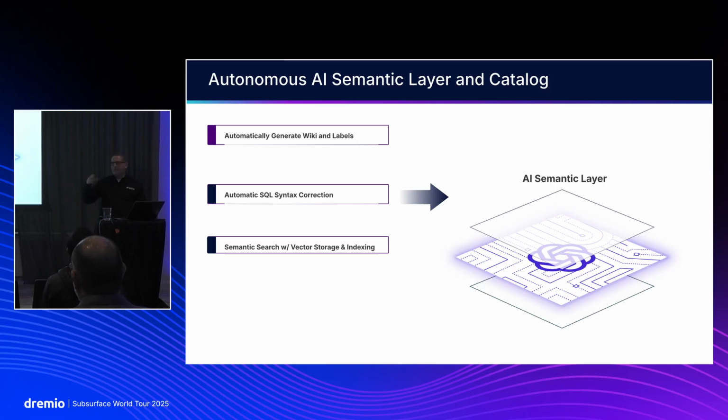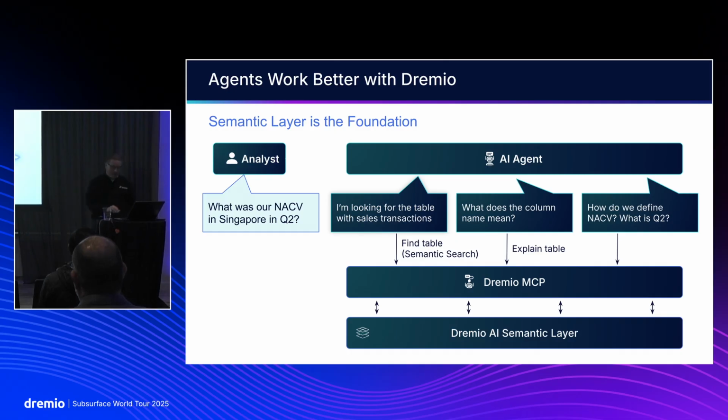So being able to generate those wiki entries and even generate tags automatically using AI. And the goal and the result of all this is AI agents work best with Dremio.